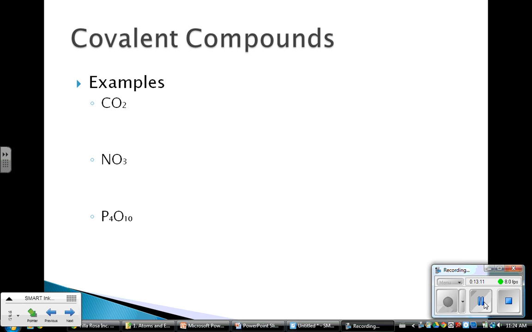Try these 3 examples here. Okay, so for the first one there, what would be the proper chemical name for CO2? Well, there's 1 carbon, so we would use the prefix mono. So it'd be monocarbon dioxide. However, have you ever heard someone refer to it as monocarbon dioxide? No, and that's because, again, scientists have made a special rule.